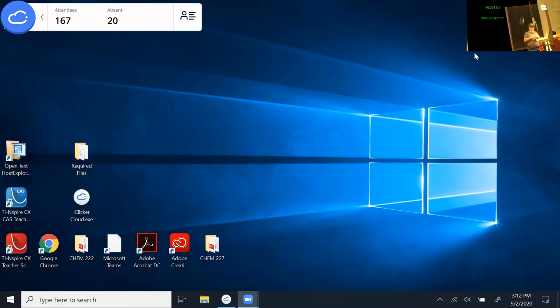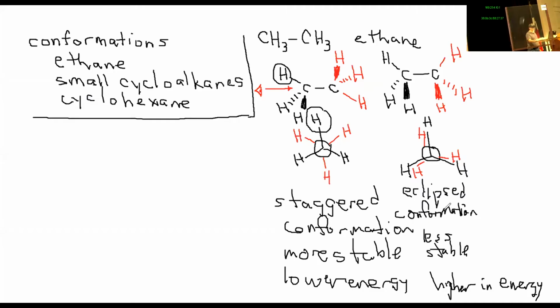Good, so I think that's probably all I need to say about ethane. Let me go back to my whiteboard. Okay, so these are not the only ways to show the two different conformations.